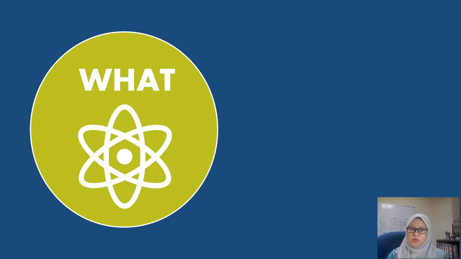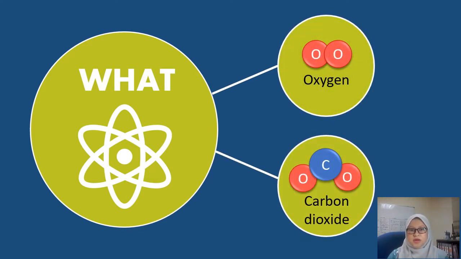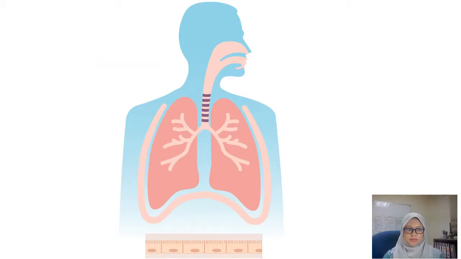The two most important gases in our body is, of course, oxygen and carbon dioxide. Oxygen is needed for tissue metabolism, while carbon dioxide is produced from the metabolism. So oxygen from atmospheric air is inhaled into the lungs until it reaches the alveoli.